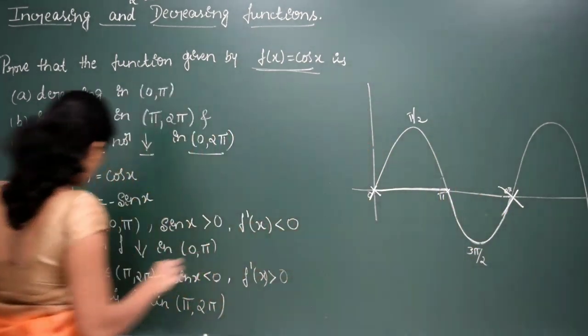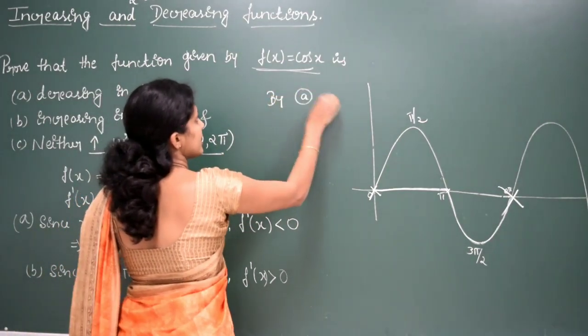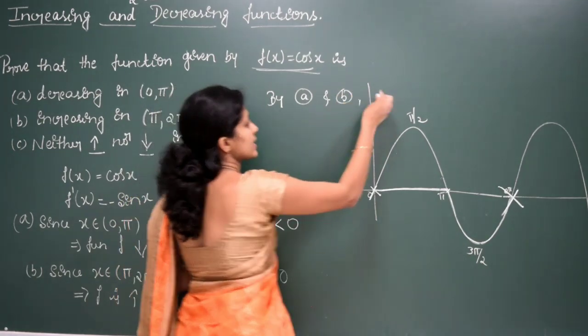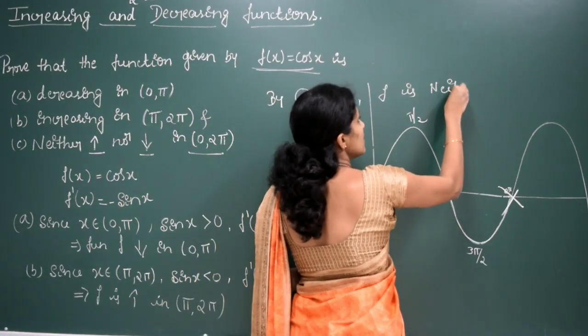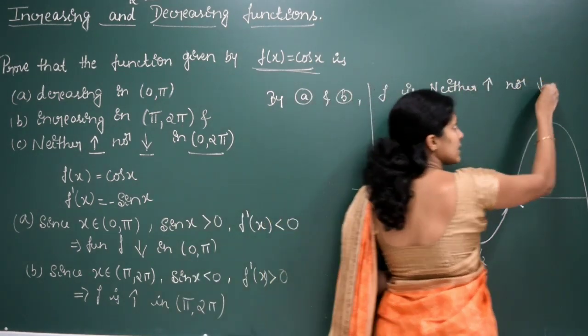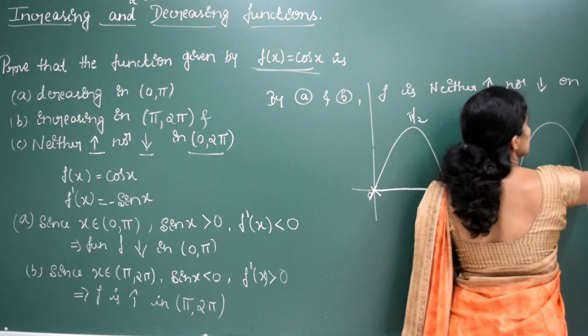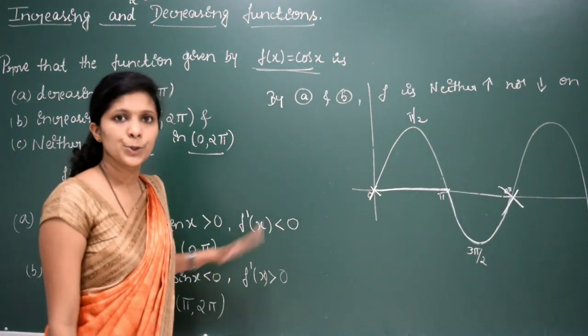Is it clear? Finally what you have to write? By a and b, you write like this, by a and b. We can say that the function f is neither increasing nor decreasing on the interval [0, 2 pi]. Is it clear? So [0, 2 pi].